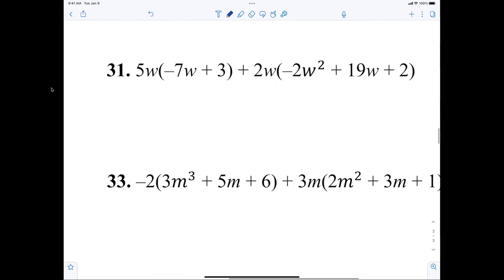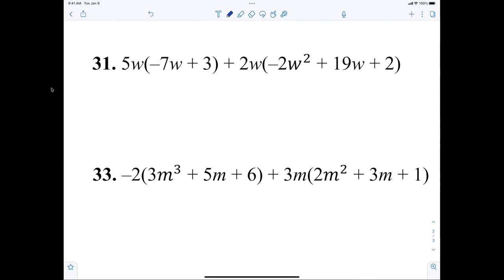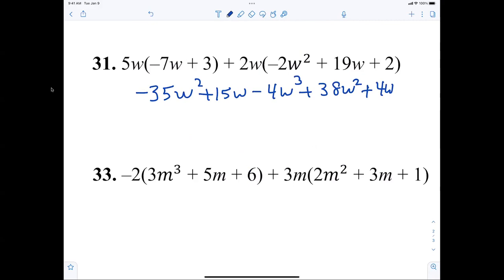All right, number 31, let's go. Negative 35 W squared plus 15 W, then plus negative 4 W cubed plus 38 W squared plus 4 W. Okay, finish it off. Then you add that 3 W squared.